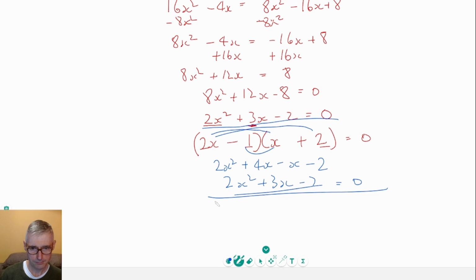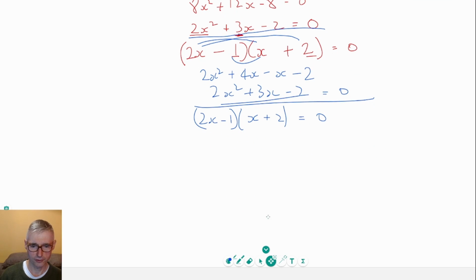So let's just go back to the brackets again. I'll just keep it in this pen colour now. We've got 2x minus 1 and x plus 2 equals 0. So that means that either the first or the second bracket is equal to 0. If it was the first bracket equal to 0, 2x minus 1 would equal 0.